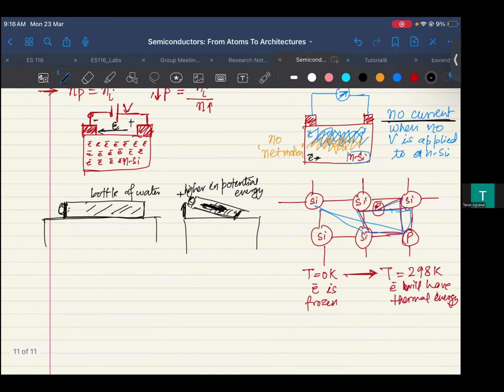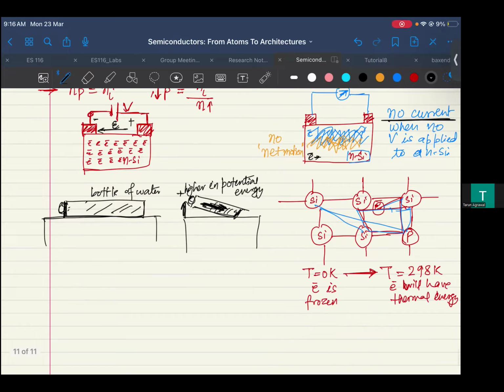When you apply a negative potential, what the electron feels is that the potential energy of electrons increases at this point, wherever there is a negative, and the potential energy decreases at the other side.